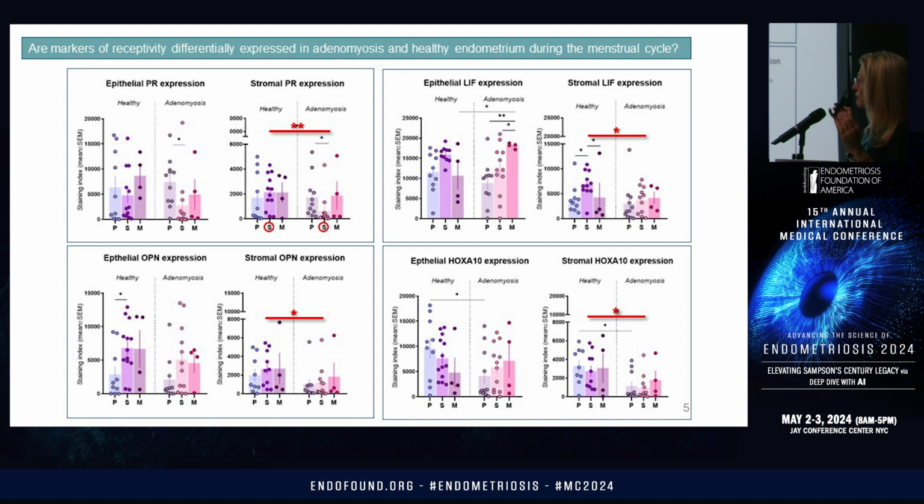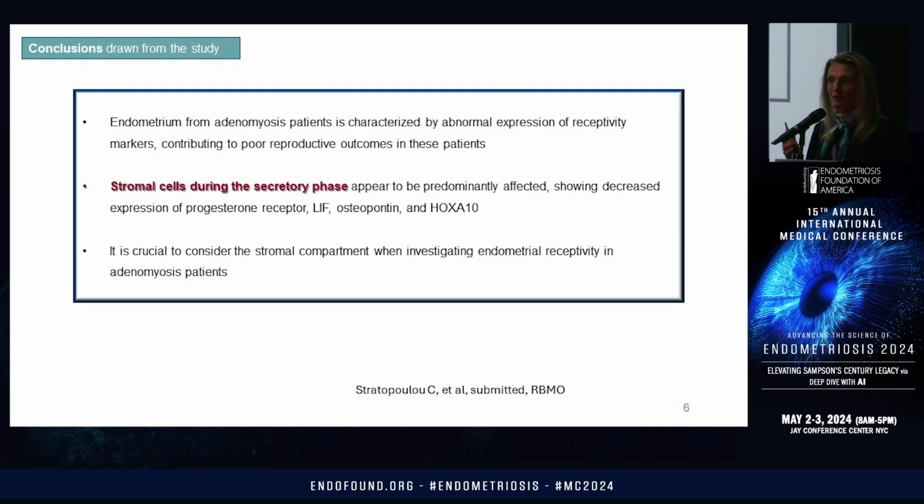So to conclude, if we look at the secretory phase between healthy and adenomyosis, you see that the significant differences in all these graphs are only in the stroma and not in the glands. So to conclude that part, endometrium from adenomyosis patients is characterized by abnormal expression of receptivity markers, contributing to poor reproductive outcome in these adenomyotic patients.